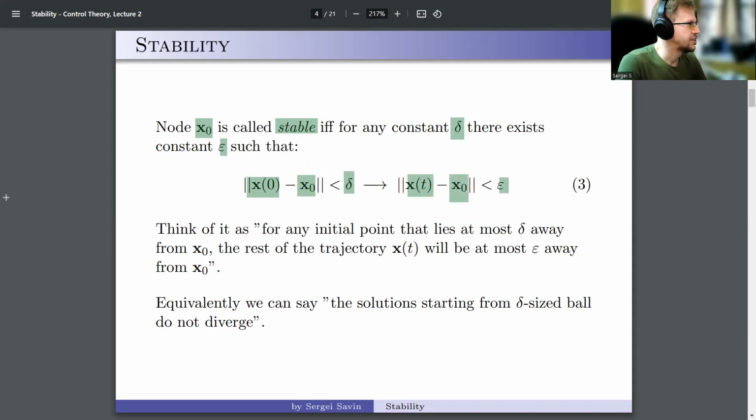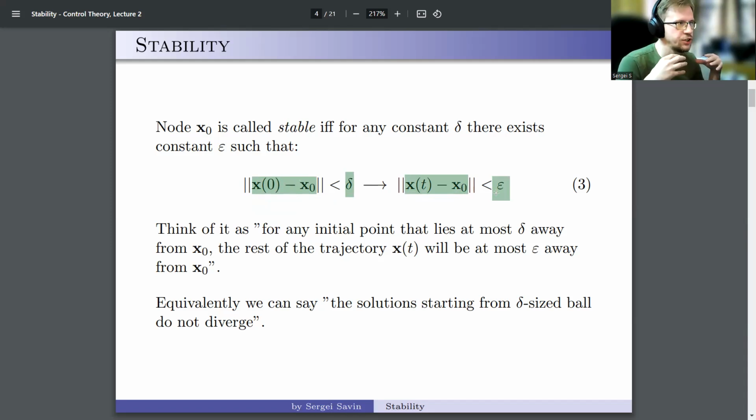Let me say the same thing, but in more human terms. If the initial condition is delta away from x0, from the node, then the solution going forward in time will stay less than epsilon away from x0.